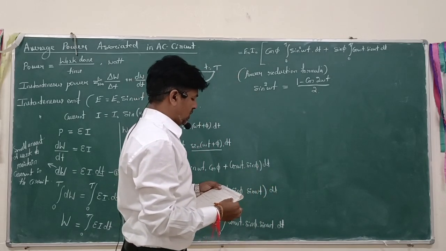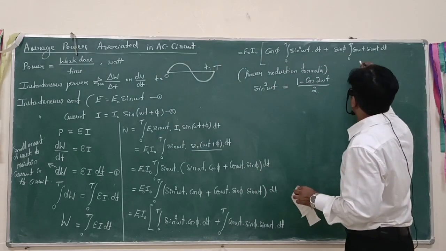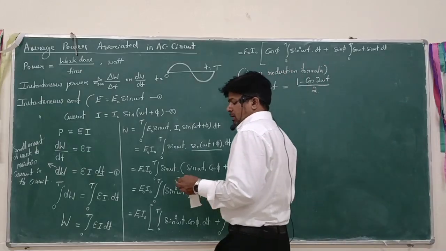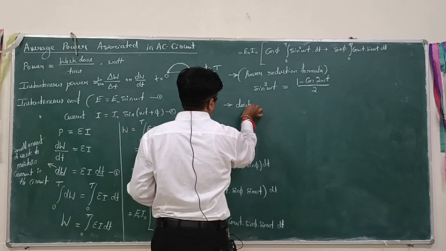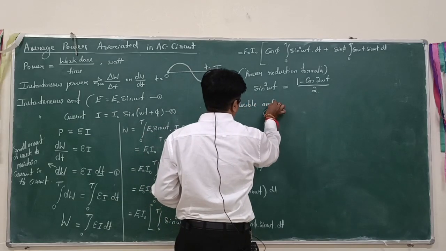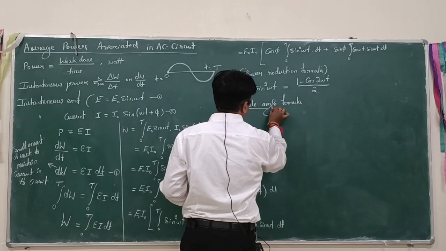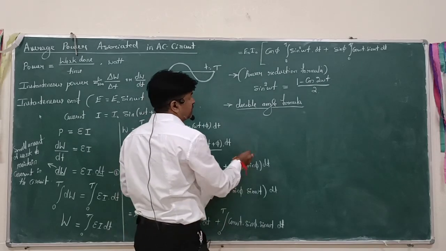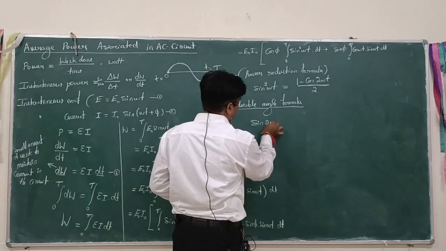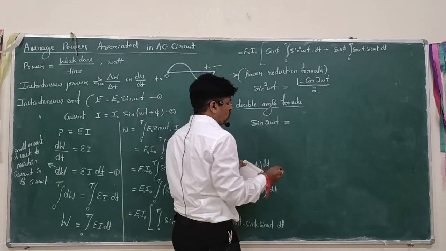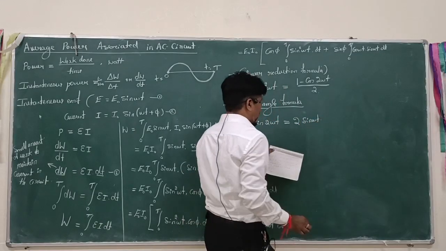This is the power reduction formula. Next, for this we should use the double angle formula. Double angle formula, that is sin 2 omega t is equal to 2 sin omega t cos omega t.